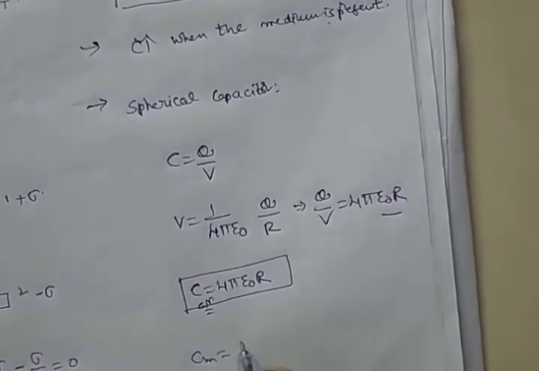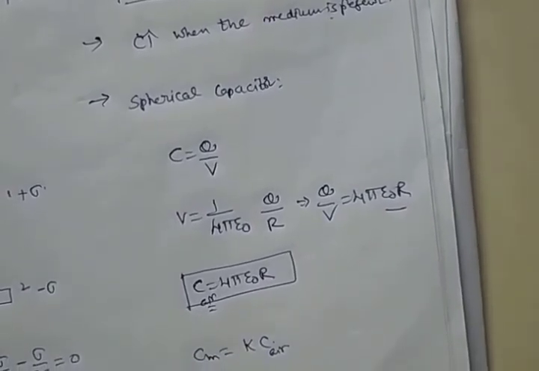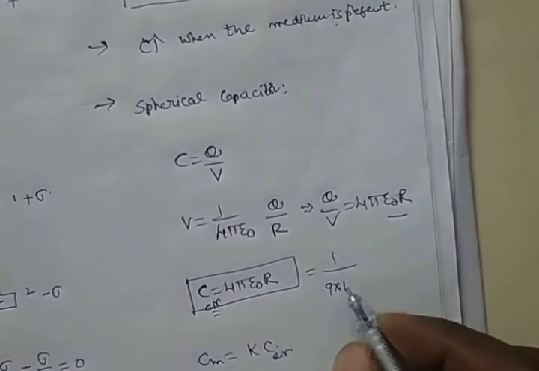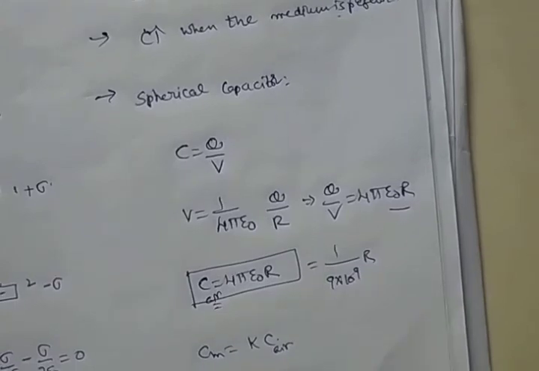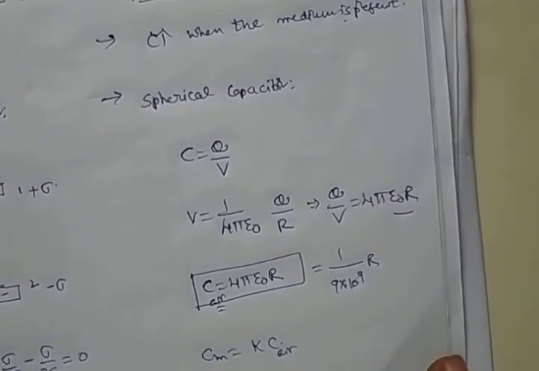For a medium you get K times that. 4 pi epsilon naught can be written as 1 by 9 into 10 power 9, multiplied with R. That is about the capacitance of a spherical capacitor.